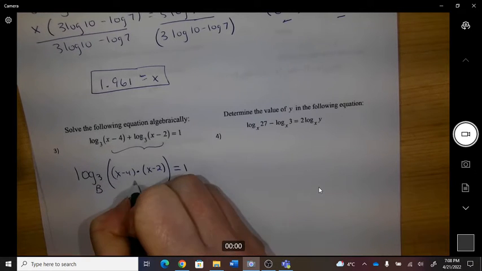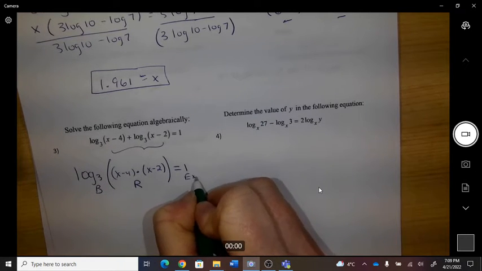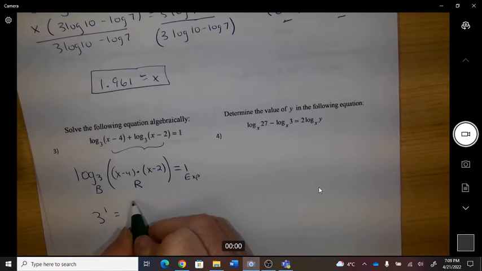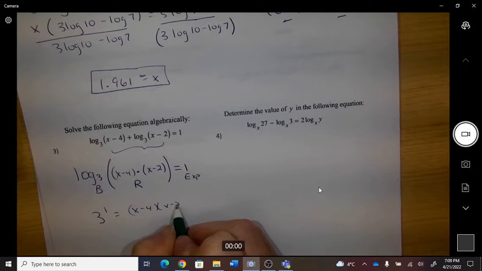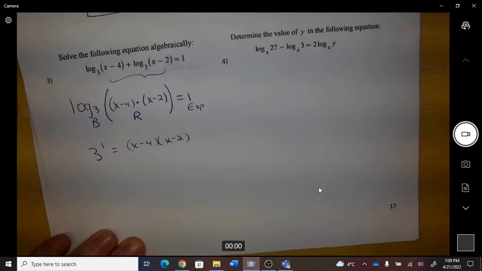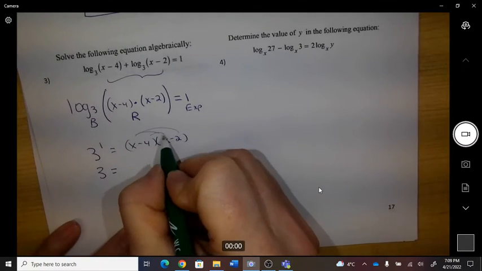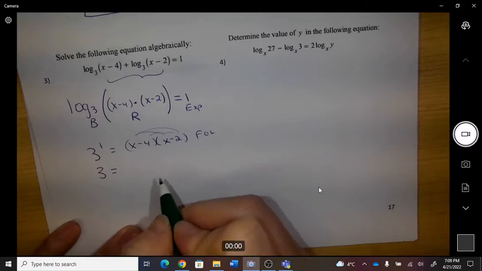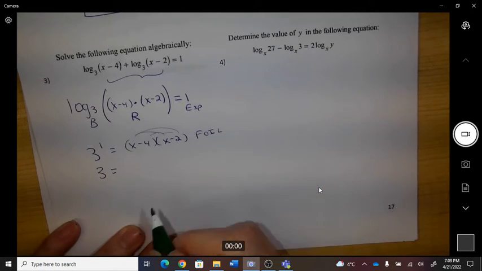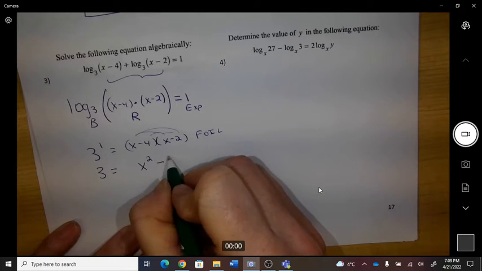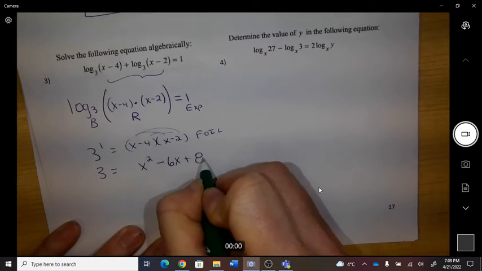So that's the base, the result, exponent. So 3 to the 1 equals that. Okay, so I'm going to just change that to a 3. I'm going to FOIL, and I get x squared minus 2 minus 4, so minus 6x plus 8.